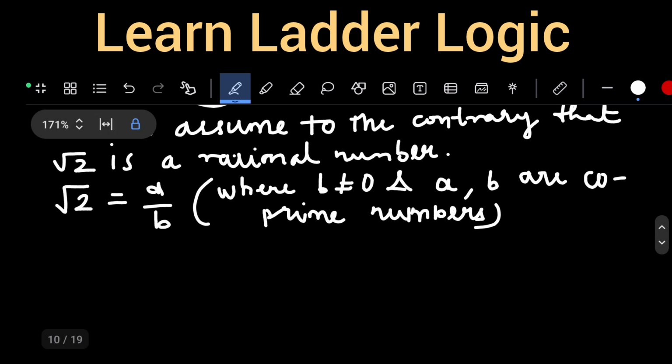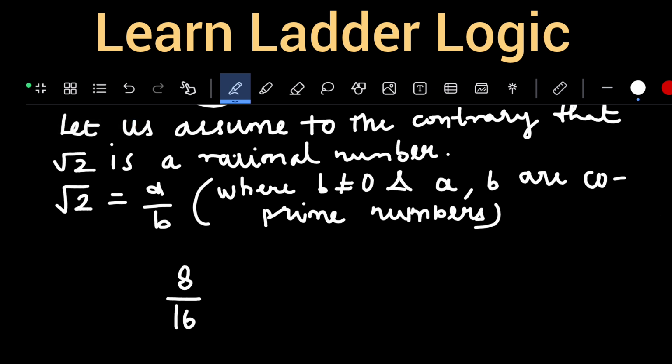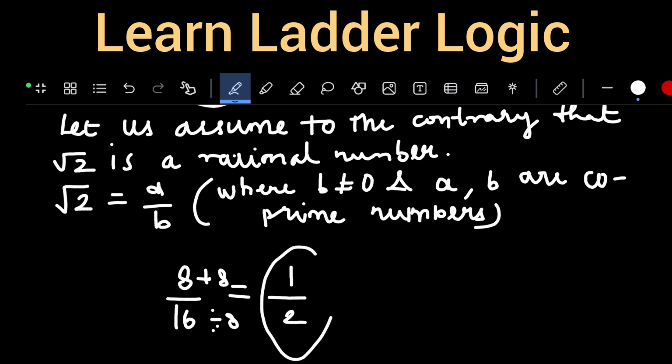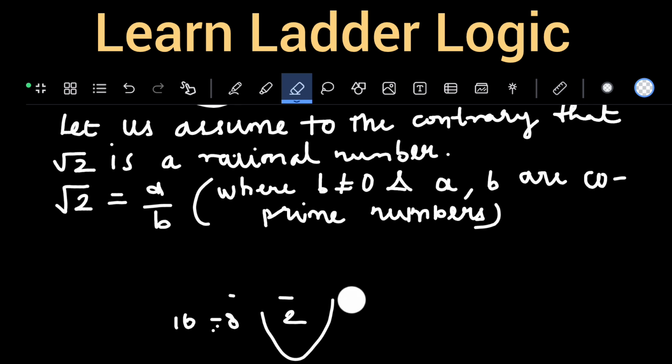For example, 8 by 16 is not co-prime because these two numbers can be simplified. Instead, we can divide both the numbers by 8 and write it as 1 by 2. Here 1 by 2 is co-prime because there is only the number 1 as a common factor. Okay? I hope you understood what co-prime numbers are.